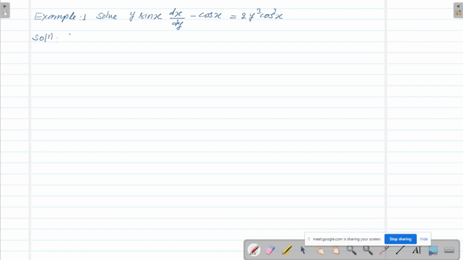Given differential equation: y sin x dx/dy - cos x = 2y³ cos²x.